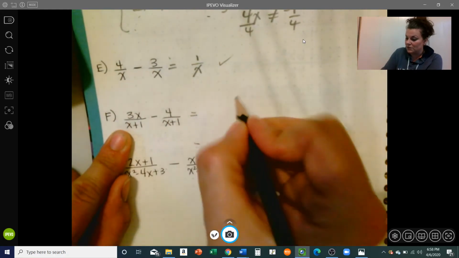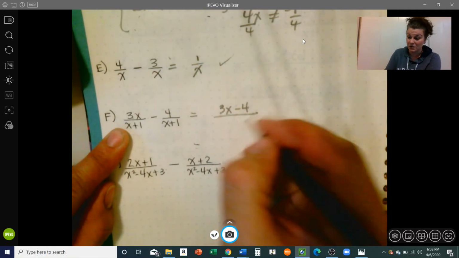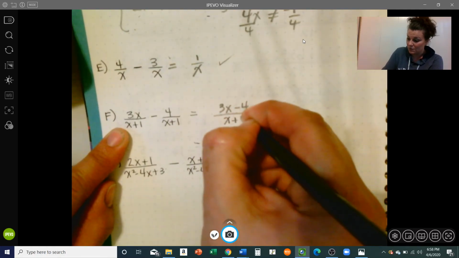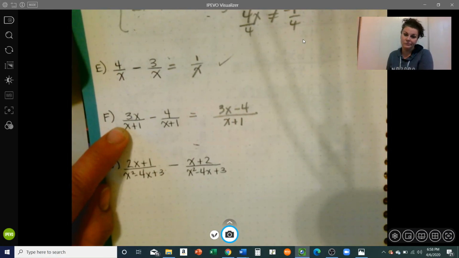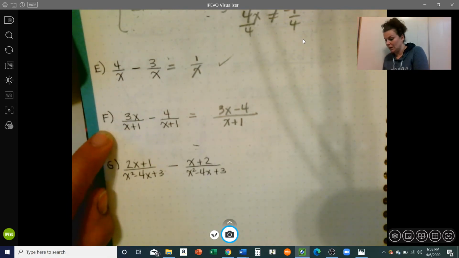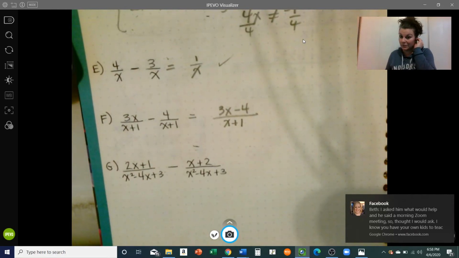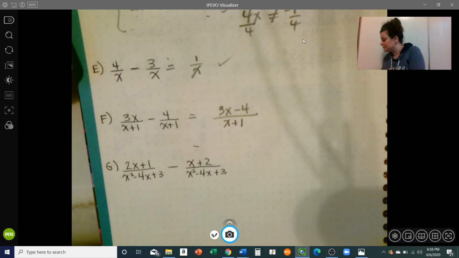Okay, 3x minus 4. I just write that down. 3x minus 4 over x plus 1. I can't do anything else with that. And I also didn't cancel anything, so I don't have to worry about any excluded values.